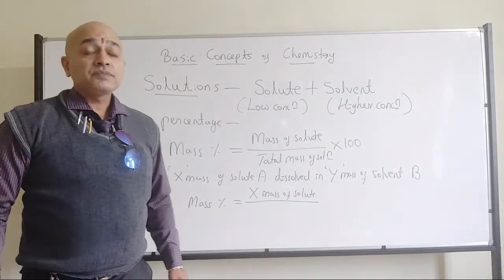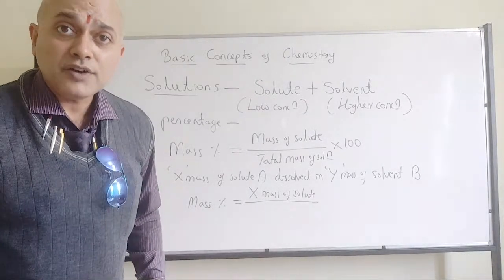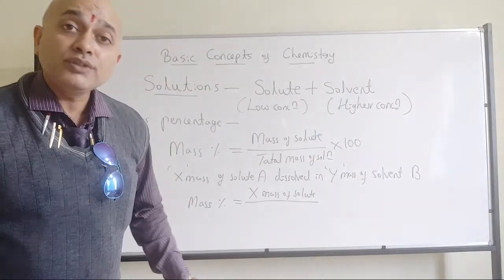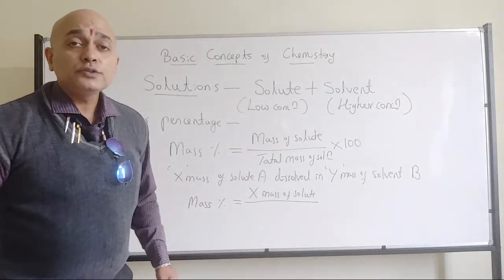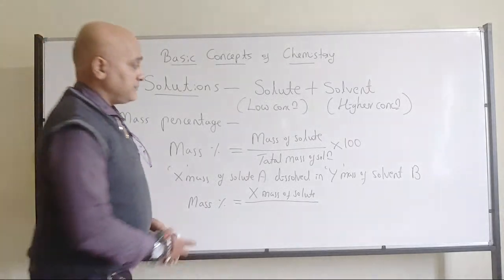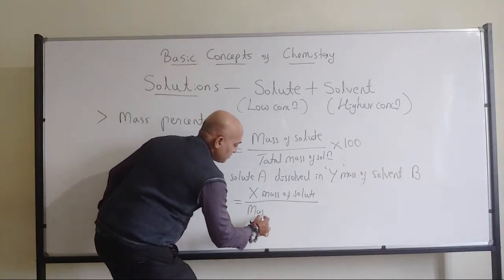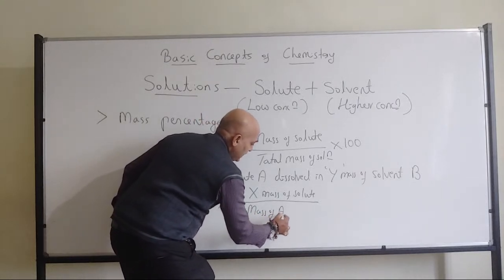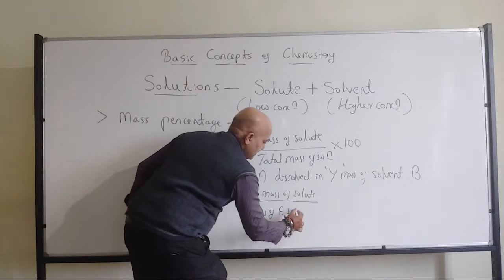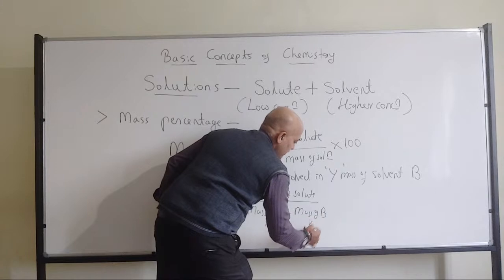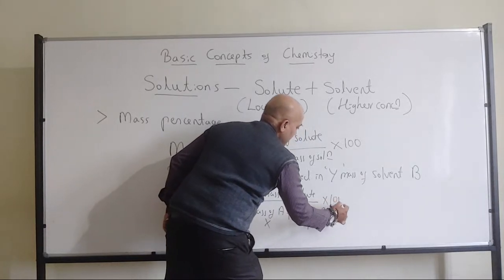That means we should be knowing the mass of solvent and the mass of solute. Together it will give the total mass of the solution. So total mass of the solution is nothing but mass of A, that is X, plus mass of B, that is Y, multiplied by 100.